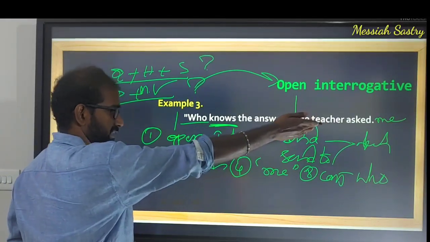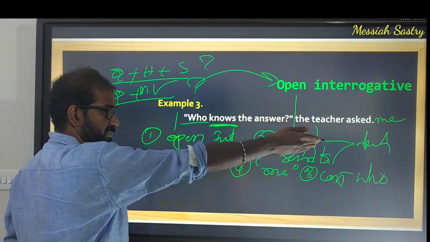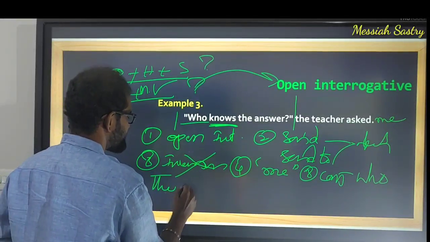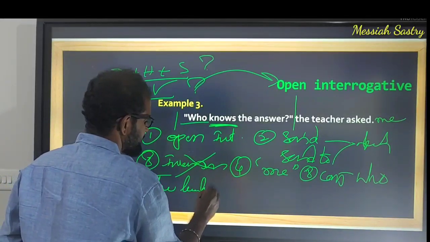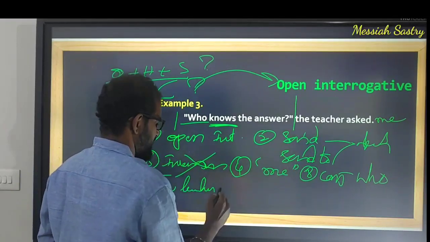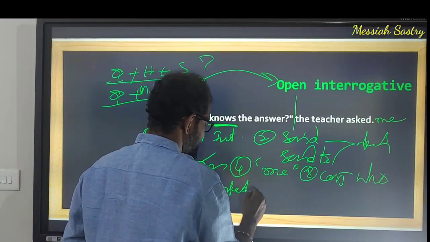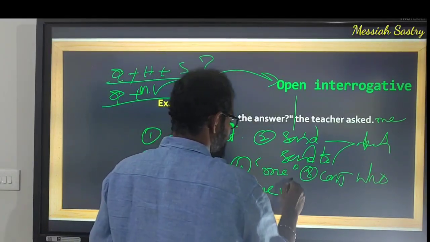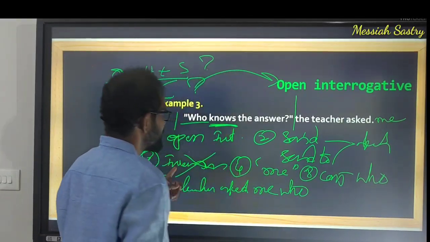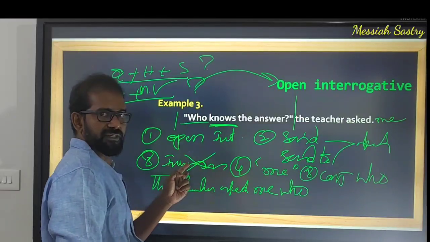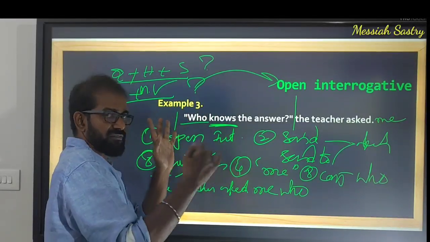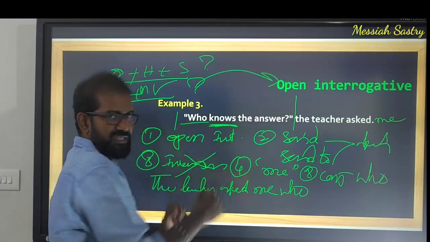The reporting clause is at the end, but we need to start indirect speech always with the reporting clause. The teacher asked me. What is the conjunction? Who. There is no question of inversion because there is no helping verb and subject there. Inversion doesn't take place here.